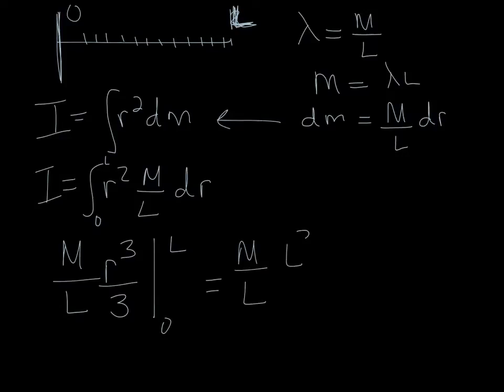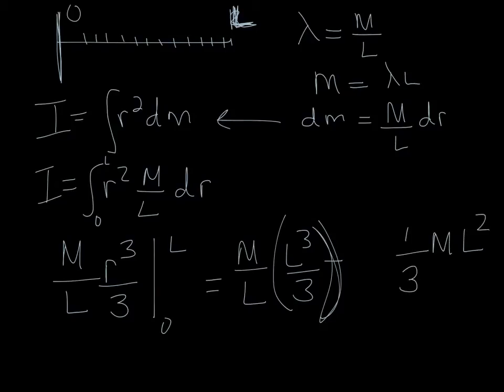So we'll have L cubed over 3 minus nothing. Okay, so there we go. And now we can do some simplification. So we get, as you can see, 1/3 times mL squared. And that should be the moment of inertia of a rod that has a uniform density rotating about one end.